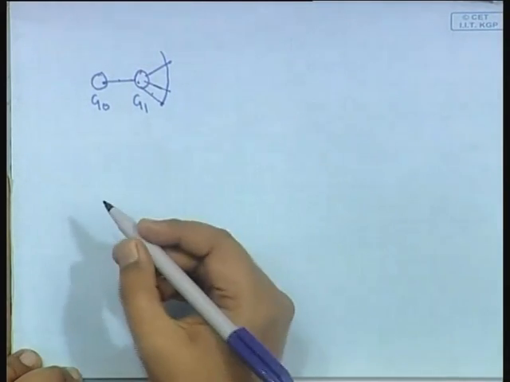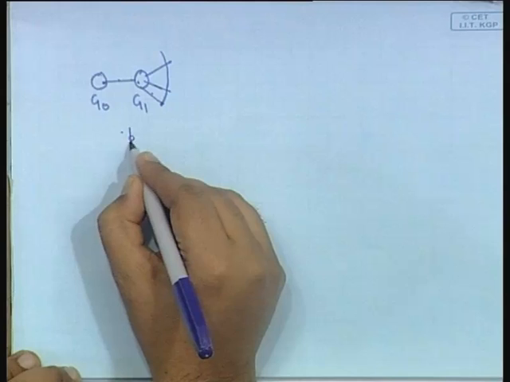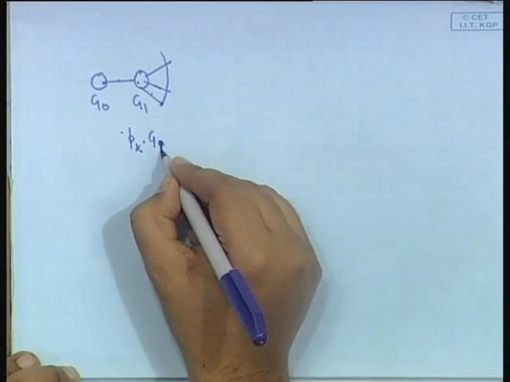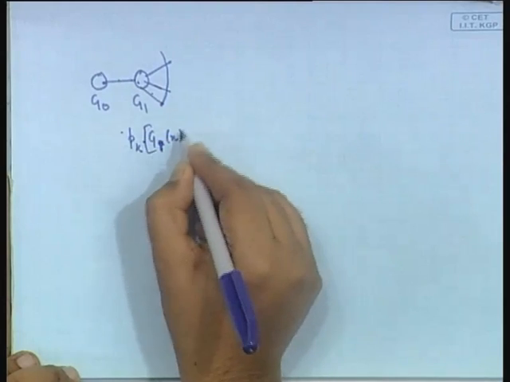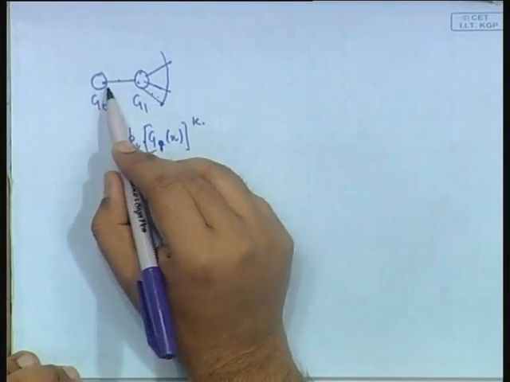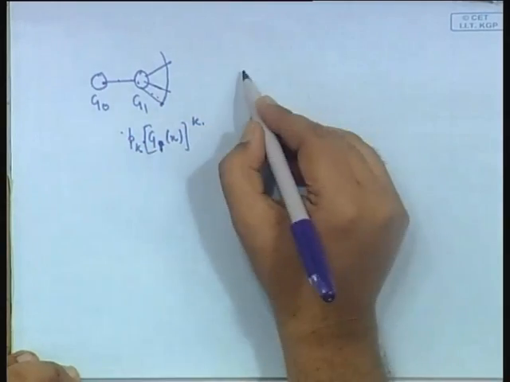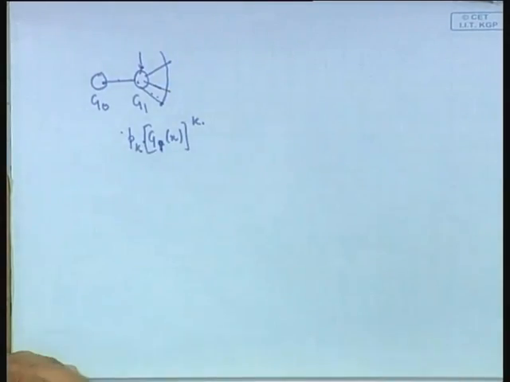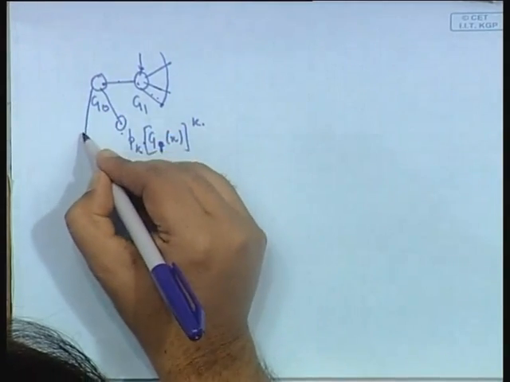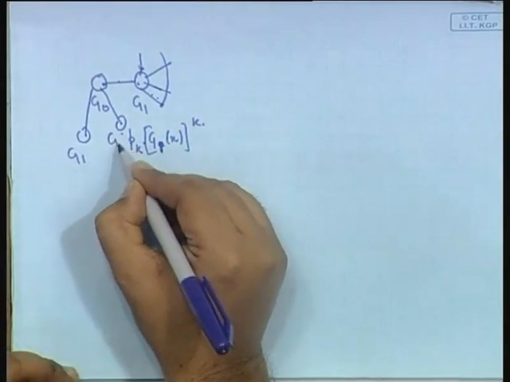So, that again becomes pk into g1 x to the power k. I know this, I have k. So, think from here, I know this one, g1, and I have k neighbors. So, all g1, g1, g1.